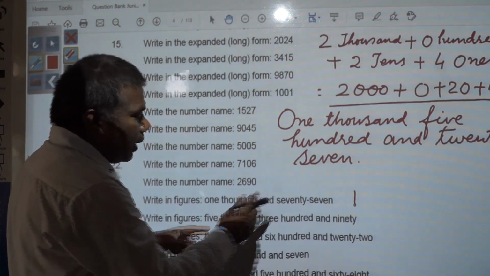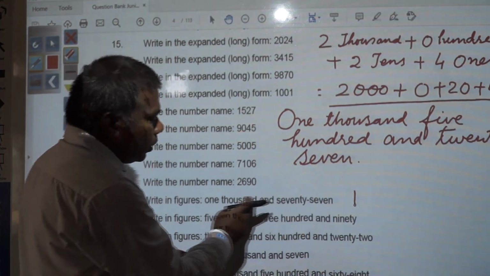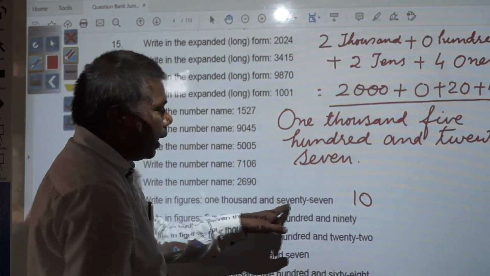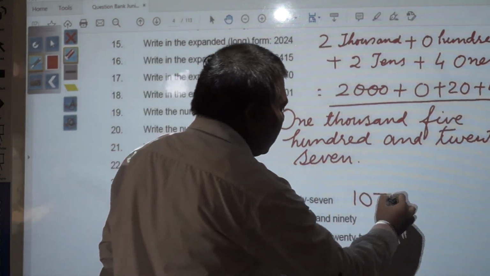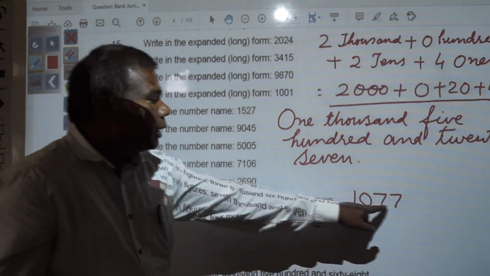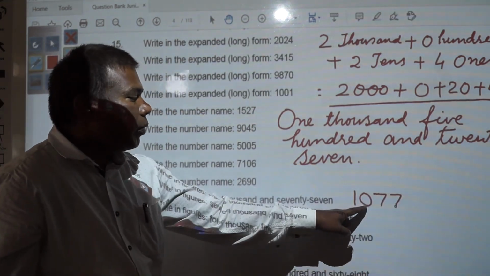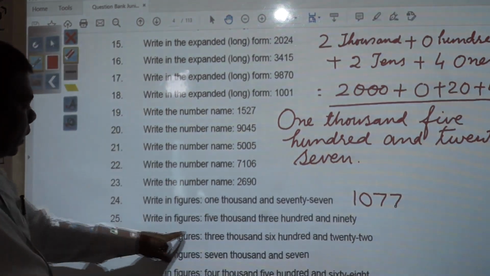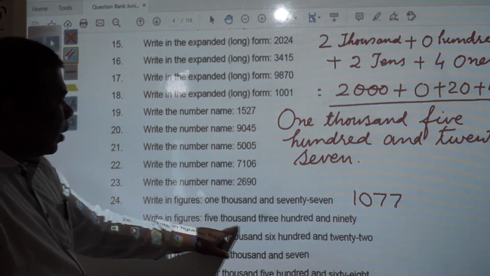But in the hundreds place nothing you have. So if nothing you have in the hundreds place, what will you write? 0 and 77. So this is your number, 1077. In the hundreds place nothing we had, so we have written 0. In the same way other numbers are there.